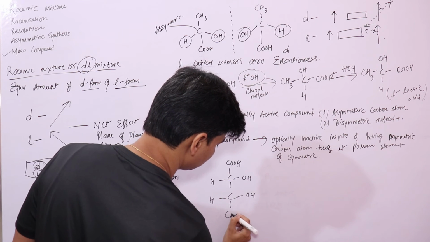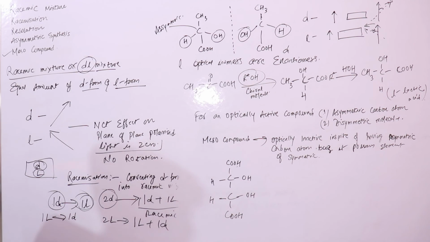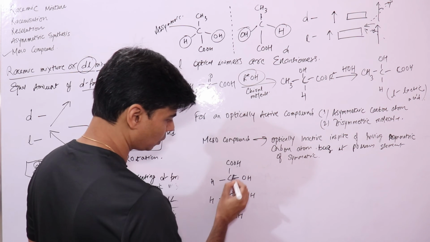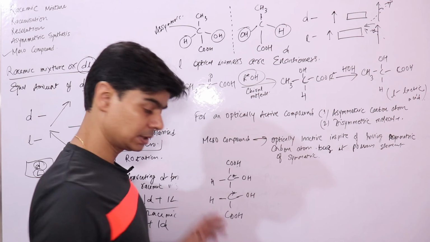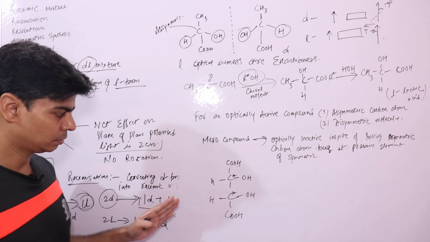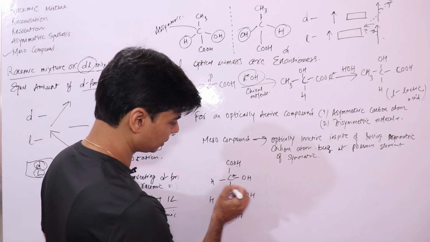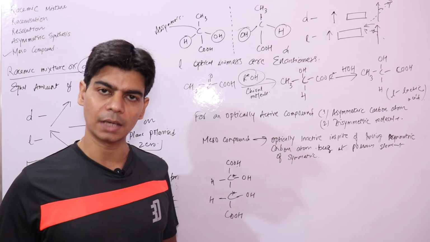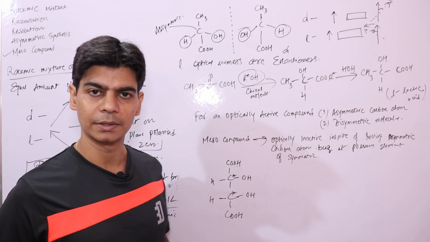This is your tartaric acid. It has two optically active carbons, this carbon and this carbon. Both are chiral carbon atoms, both are asymmetric carbon atoms, right?